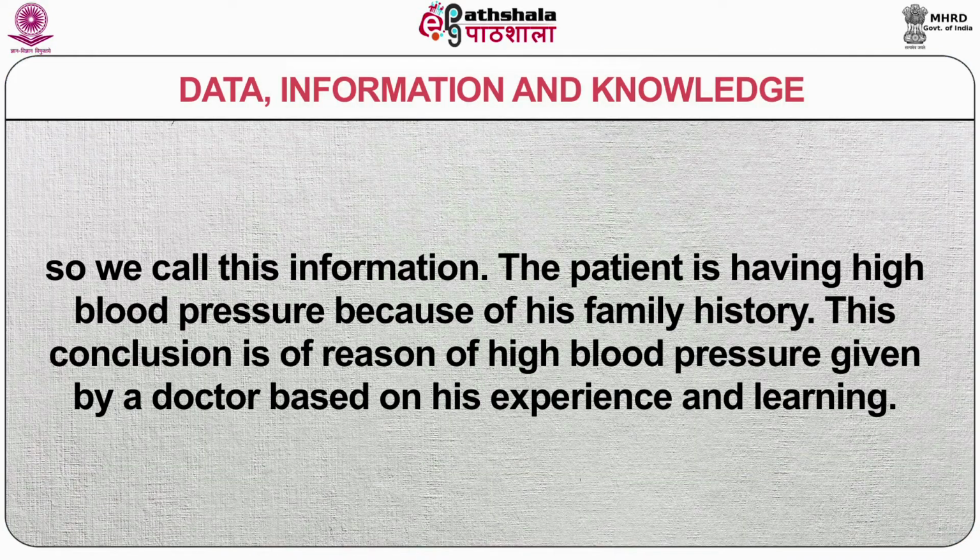We are able to get a meaningful conclusion from the blood pressure readings, so we call it information. The patient is having high blood pressure because of family history, and this conclusion, the reason for high blood pressure, is given by a doctor based on his experience and learning.